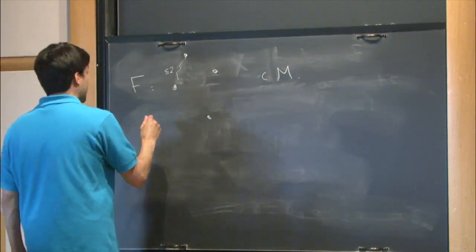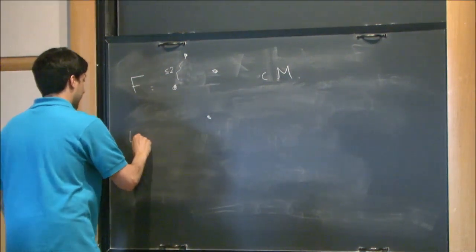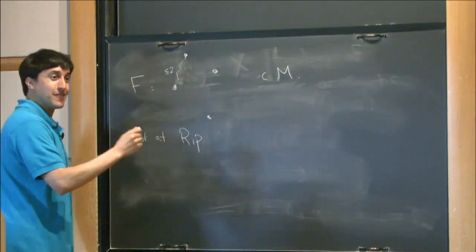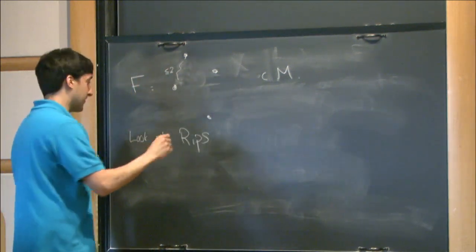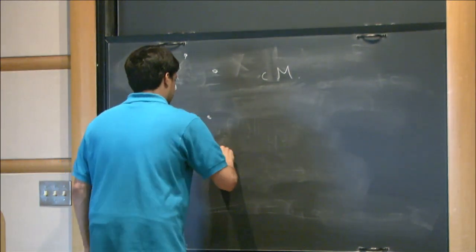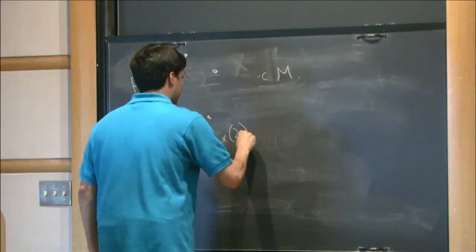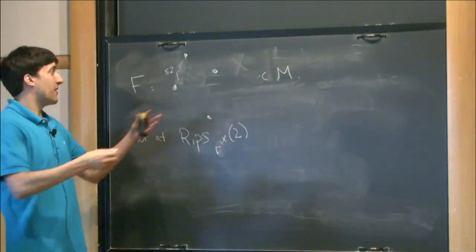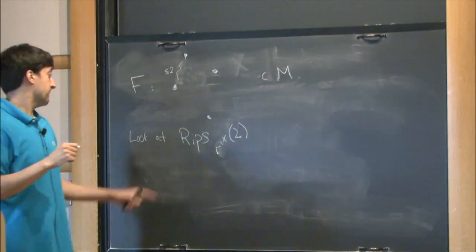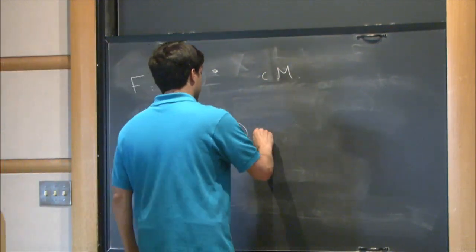So something you could do is look at, we didn't know the name for this at first, but I'm going to call it Rips of Γ mod X of radius 2, corresponding to looking at coverings of your manifold by balls of radius 1. So look at this.